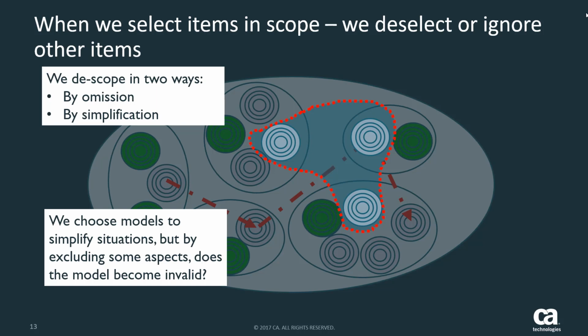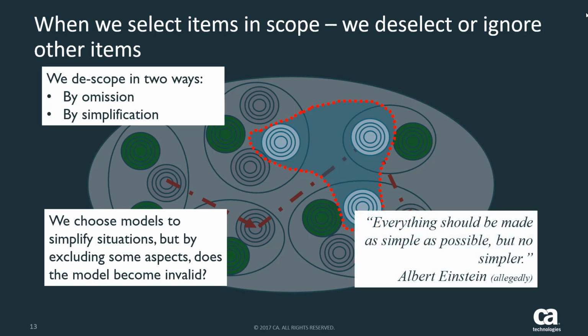So we have to be very careful not to exclude things that are seriously important. And there's an old saying attributed to Einstein, of course, which is everything should be made as simple as possible, but no simpler. What that is implying is that when we choose our models, the things we ignore, we have to be very careful about to ensure that they are not significant.